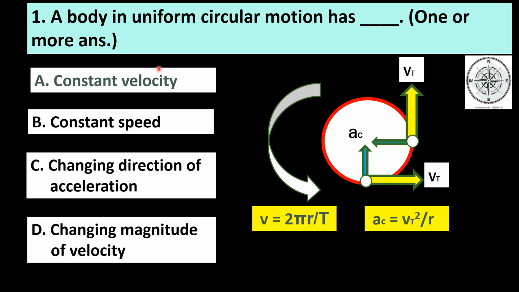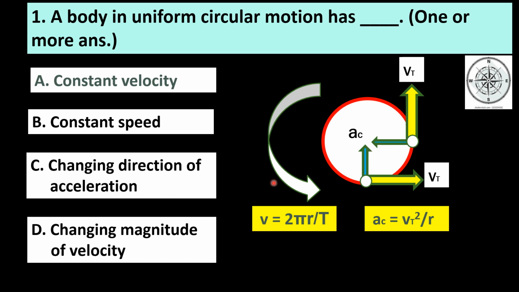So letter A is out, and letter B, constant speed, is checked, that's correct. How about the direction of acceleration? A proof to that is our illustration. At this point, the centripetal acceleration is directed north, but in another point around the path, like this one, it's directed westward. So the direction of the centripetal acceleration is also changing.